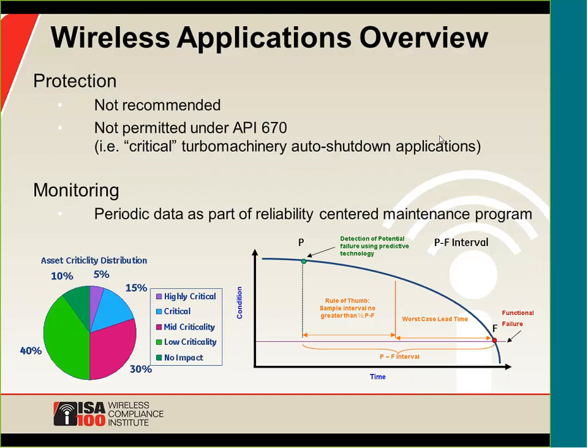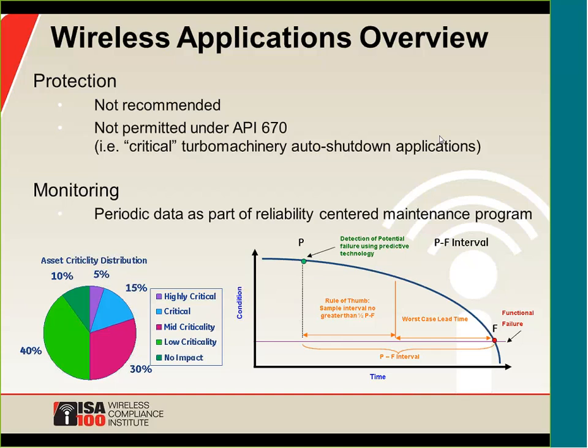So one of the approaches to condition monitoring is a concept called the P to F curve. Briefly, there are multiple points on this curve where you can detect a potential failure that may be happening, up to the point where the failure occurs and the piece of equipment is no longer able to perform its intended service.